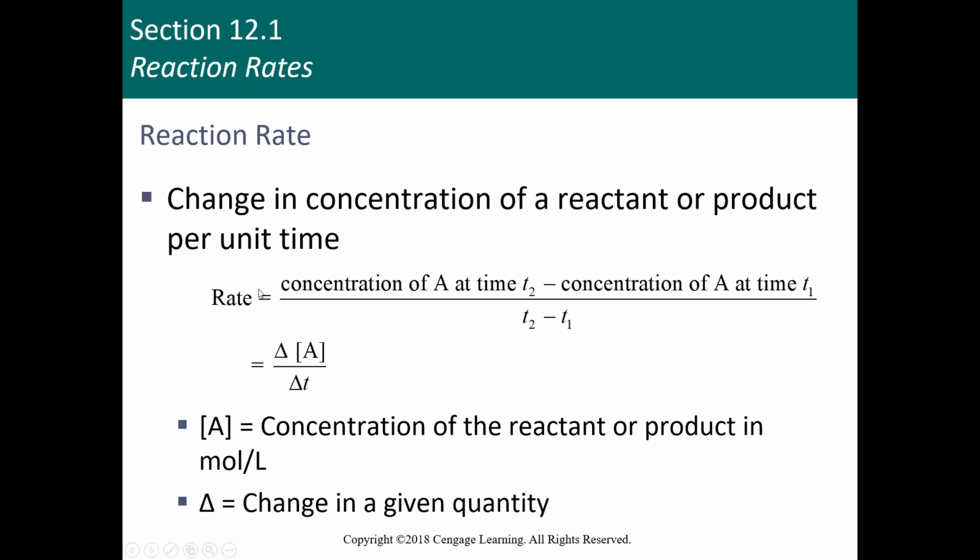This rate right here, reaction rate. How do you measure the rate of anything? How do you measure how fast your potato chips are disappearing, or how fast you're speeding along the highway, or any rate at all? Well, you always measure the change in the distance, the amount that's disappearing, etc., over a change in time, right?